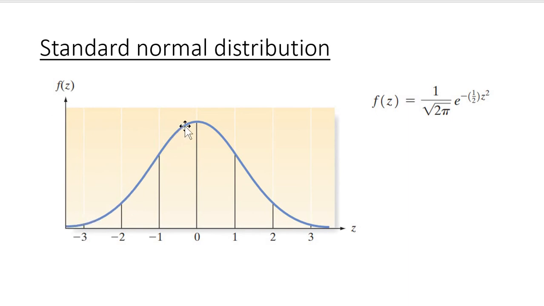The area below this curve is always equal to 1. And I believe it makes perfect sense, because if you compute all the probabilities, you shall always obtain 1. And of course, probability cannot be bigger than 1.